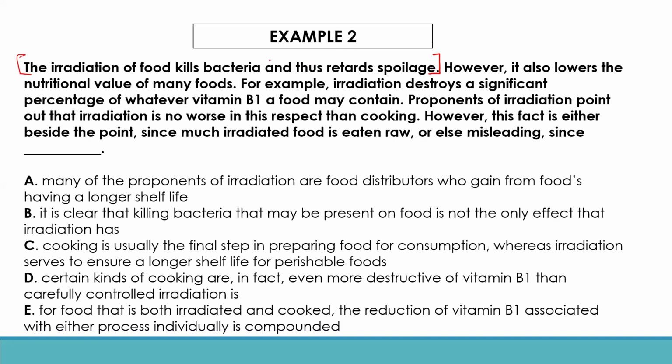Despite the fact that it has benefits of killing bacteria and reducing spoilage, we are told that it also lowers the nutritional value of many foods, right? An example is given: irradiation destroys a significant percentage of whatever vitamin B1 food may contain, right? So this is perfect contrast in play, where a good idea is presented and drawbacks to that idea or technique are also given.